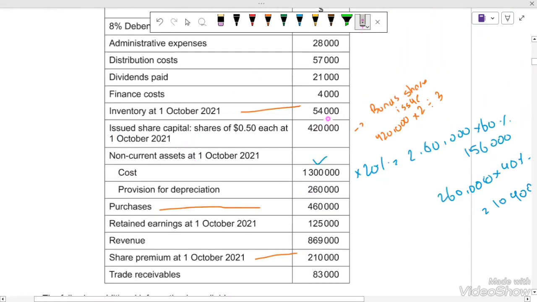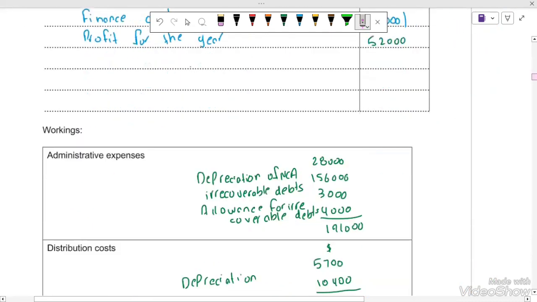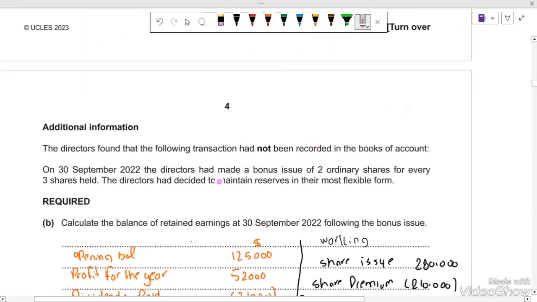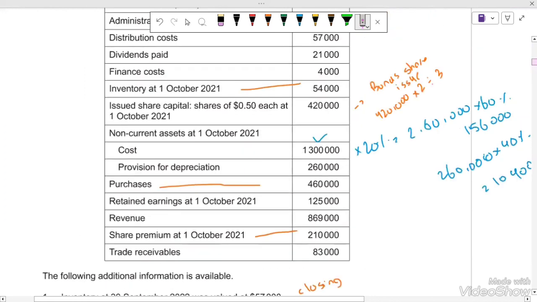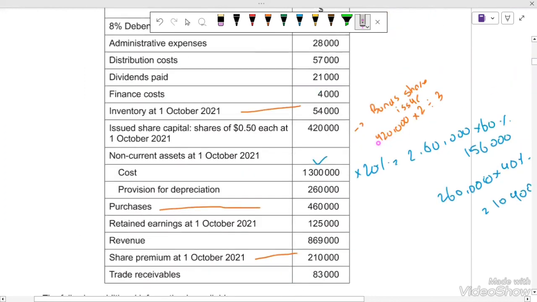If 4,20,000 shares were issued at 1st October 2021, and in our information we read that on 30 September 2022, the directors had made a bonus issue of 2 ordinary shares for every 3 shares held, we have to multiply $4,20,000 by 2 divided by 3.